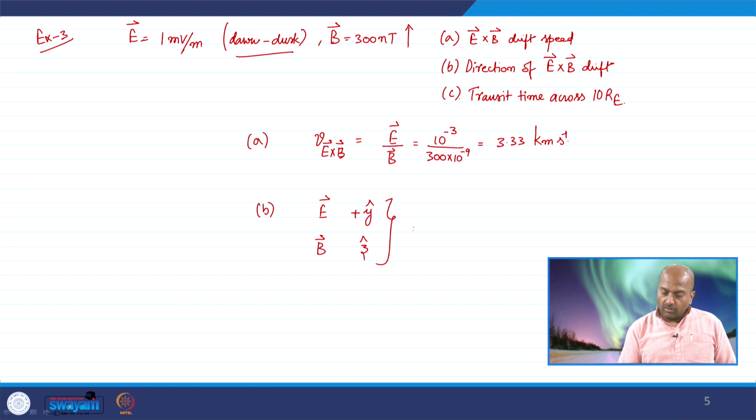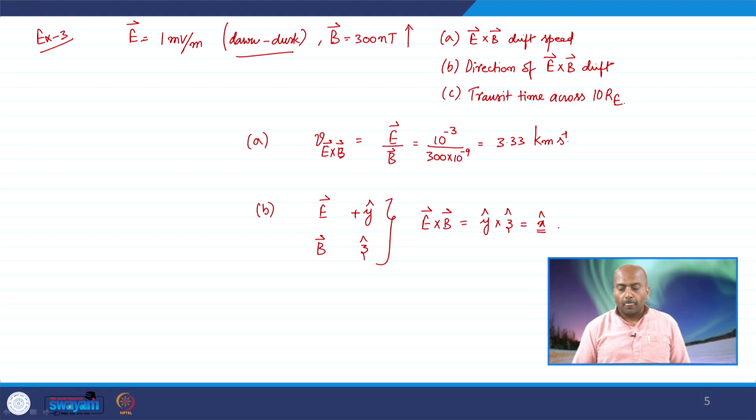As a result of these two, the E cross B can be written as y cap cross z cap, which will be in the x cap direction.